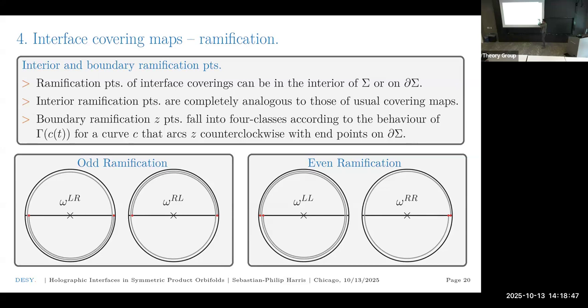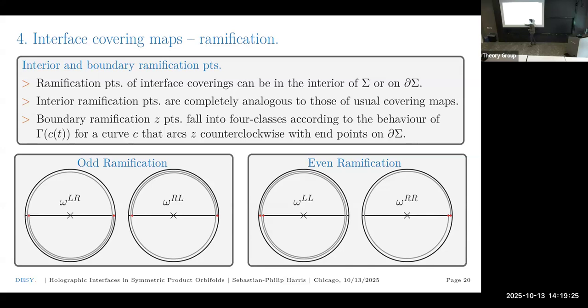And then you can look at what happens to this curve, C of t, when you apply the covering map. If the point is unramified, it maps one endpoint of this curve to one point on the interface here. And then you go one way around and end again on the interface, but you don't cross the interface several times.